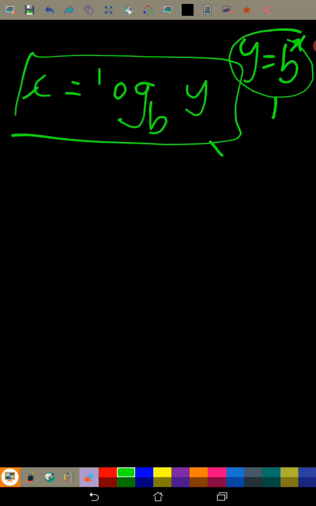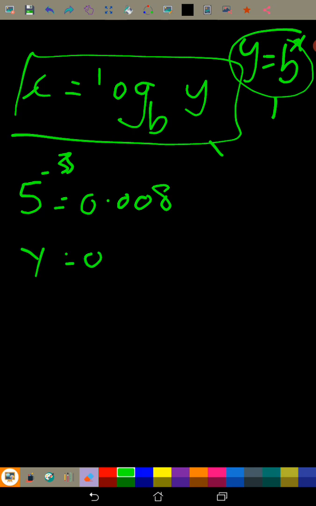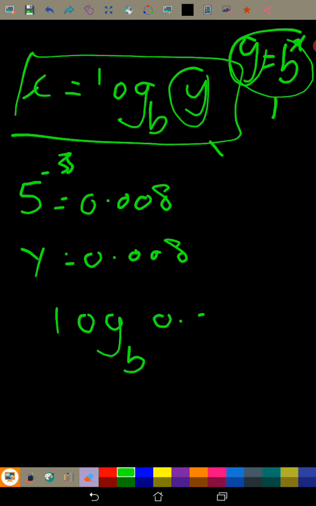So let's do the job now. So we have this is 3, so y is equal to 0.008. From here we can tell this: we need to put a log to the base of something, of y, and it's equal to x.